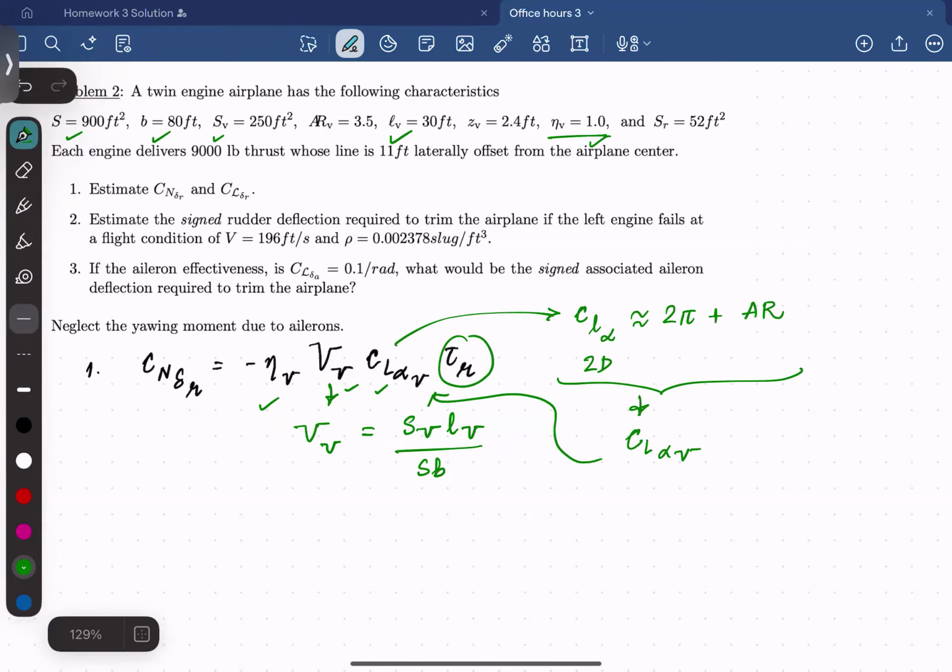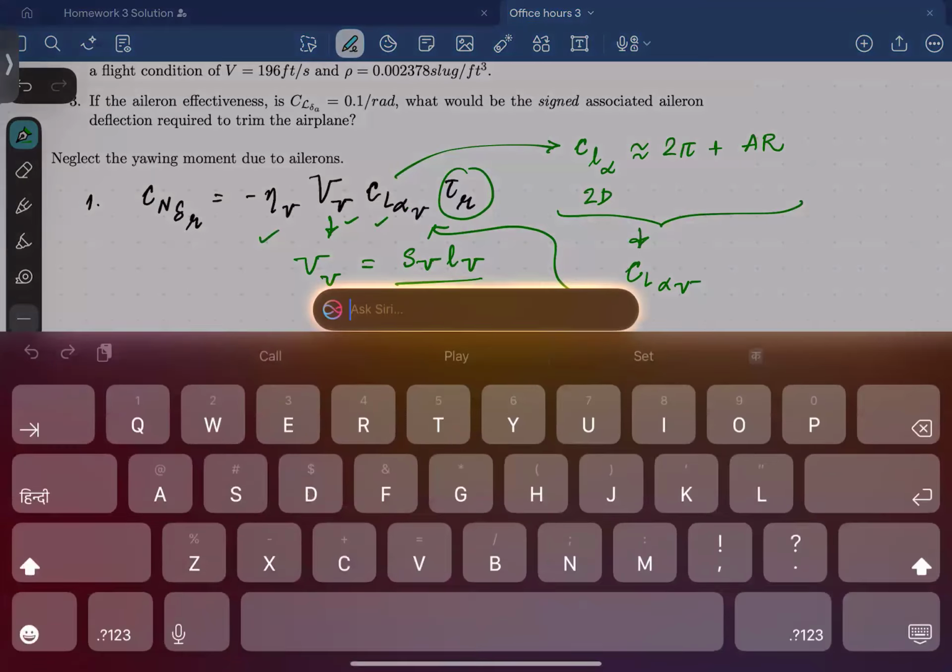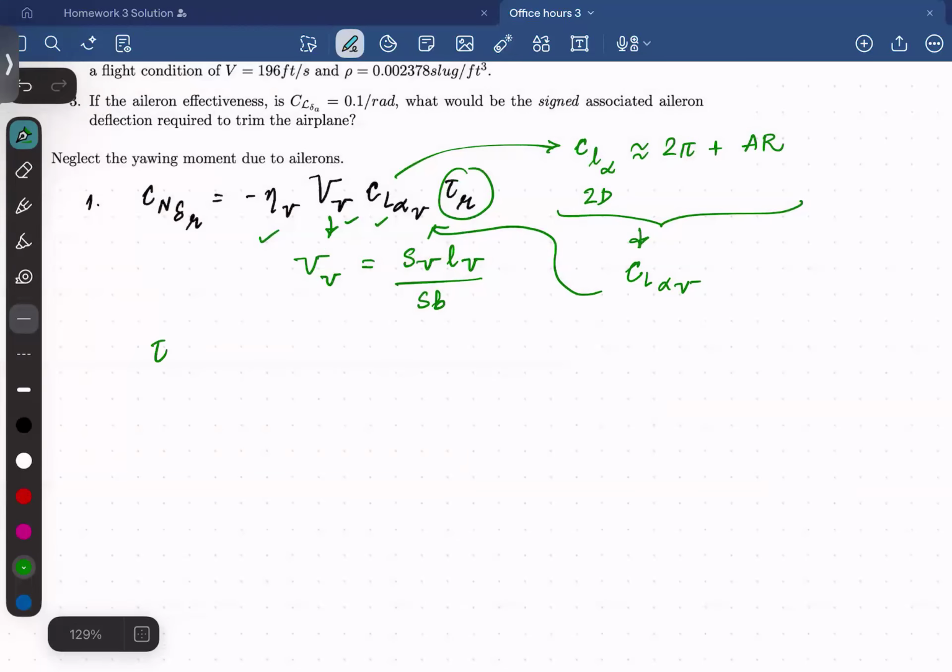Tau rudder again is going to be a function of the area of the rudder divided by the area of the vertical tail. So you go ahead and look at the lecture 4 notes.